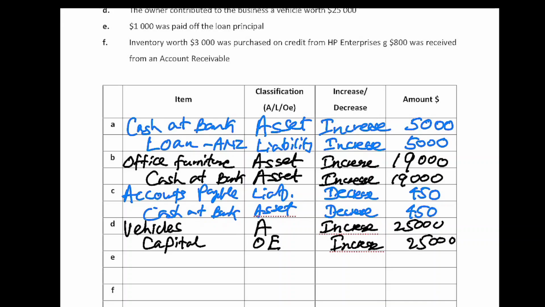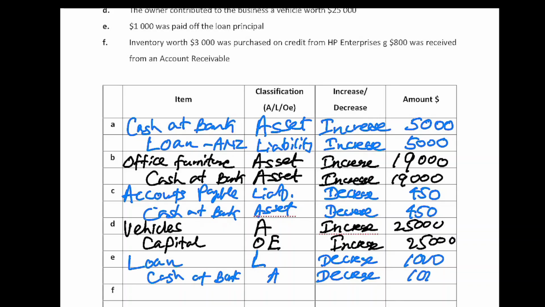So you can just say loan, liability, decrease, 1,000, and the other one is cash at bank, asset, decrease, 1,000.